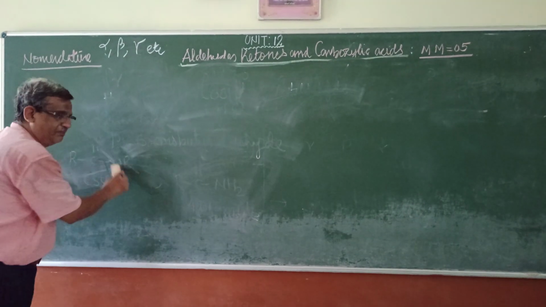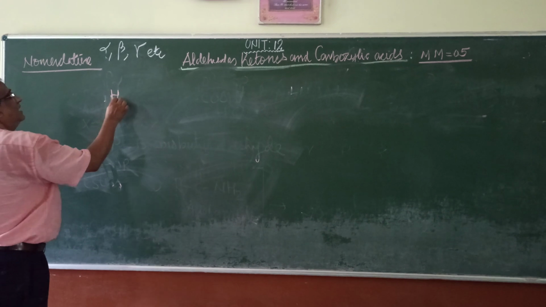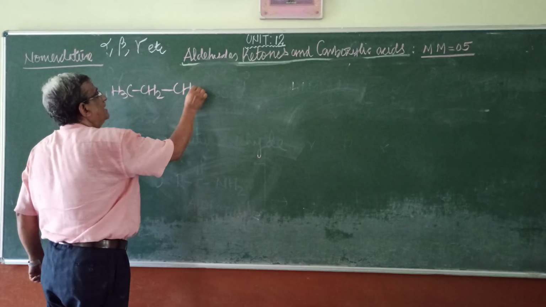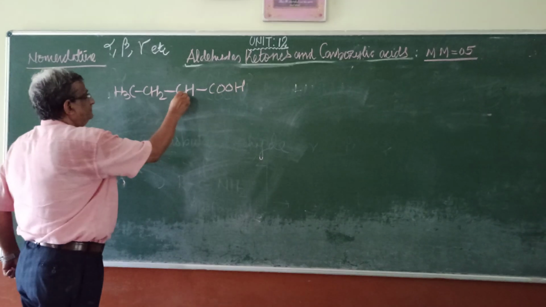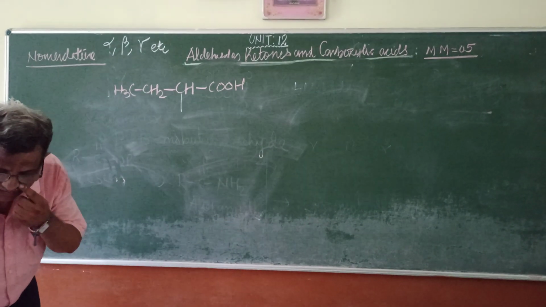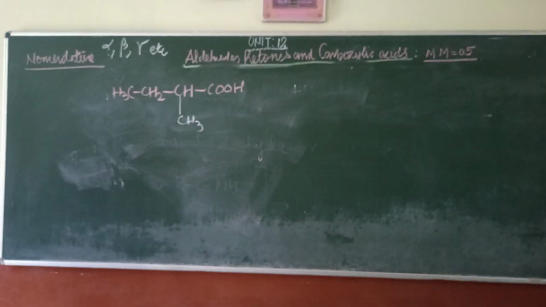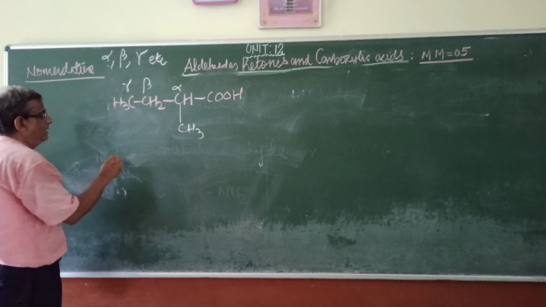The second example I will also give you. CH3, CH2, CH, COOH. I add here the methyl group, CH3. You know, this carbon will be alpha, this is beta, and this is gamma.